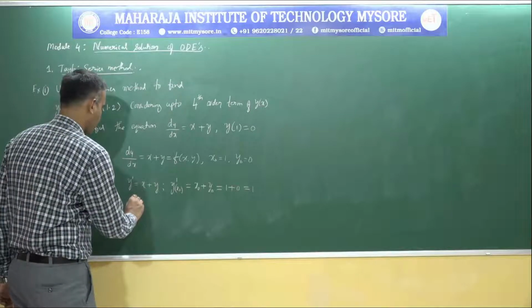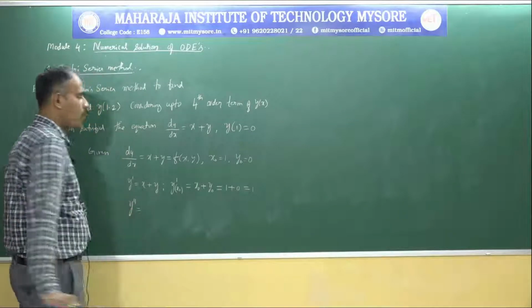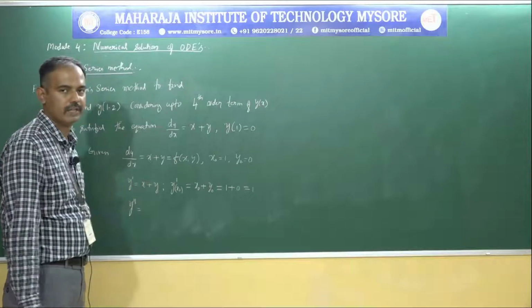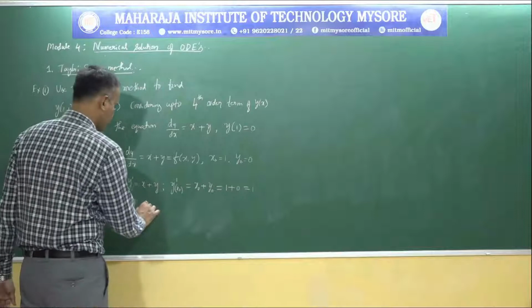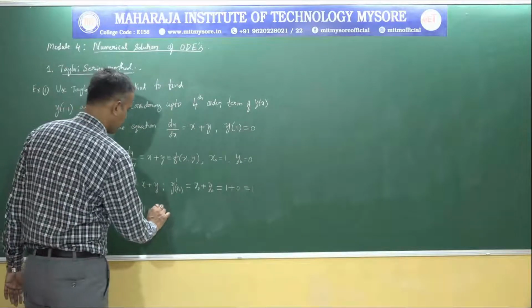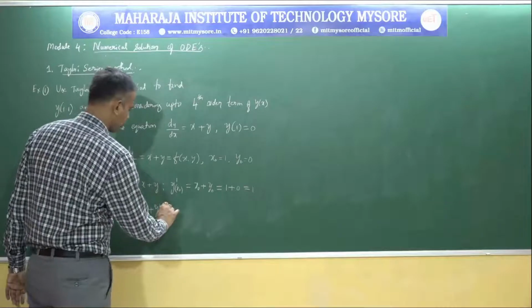Next, y double dash: differentiate the already available y dash one time here. Differentiation of x gives 1, plus differentiation of y gives y dash.